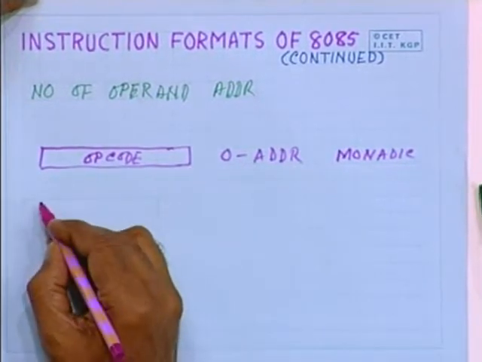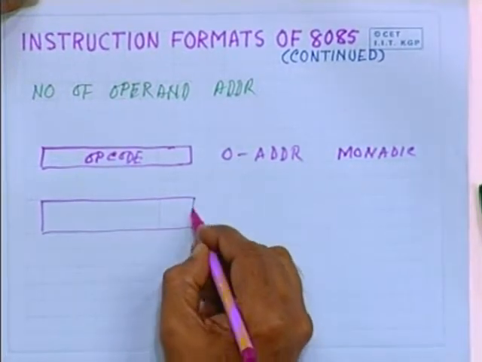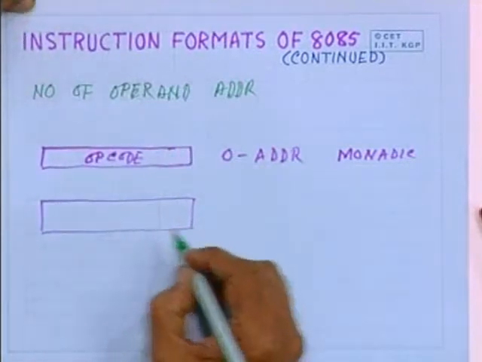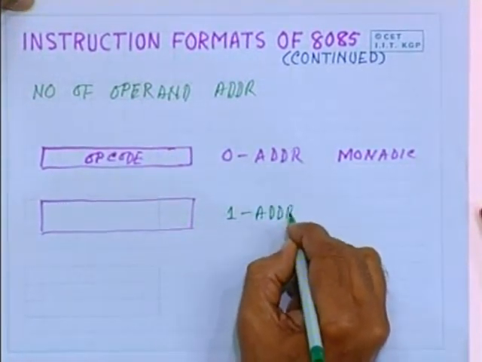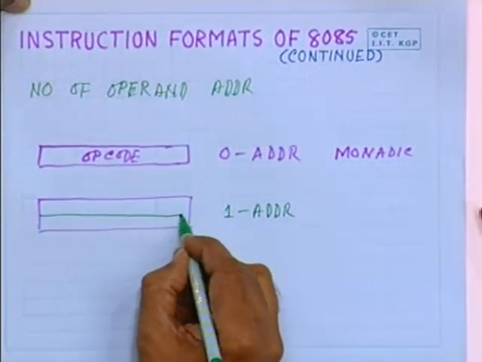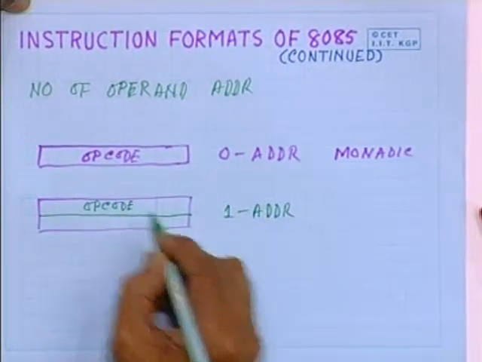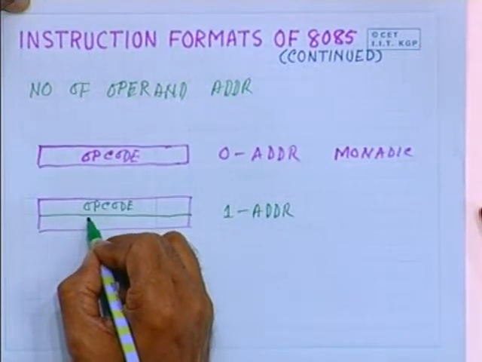However, it may be necessary to specify one address. It can be one address. Whenever you are specifying one address, the first byte is the opcode, and the second byte can be some address, for example an IO address.